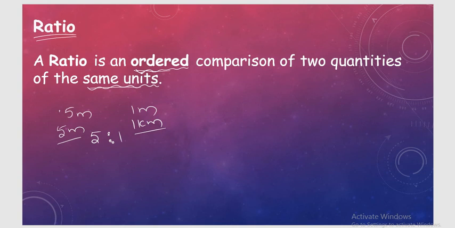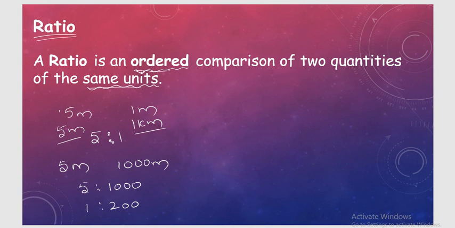So what we can do is write both in meters. 1 kilometer can be written as 1000 meters, which gives me 5:1000. So 5:1000 is nothing but 1:200, right? Likewise we can write down the ratio.